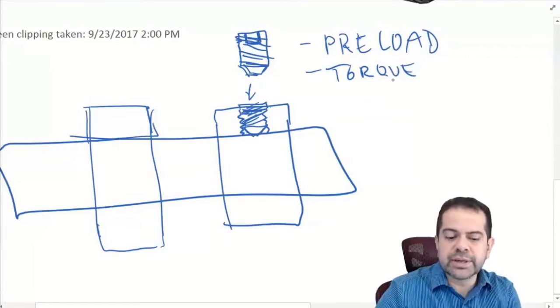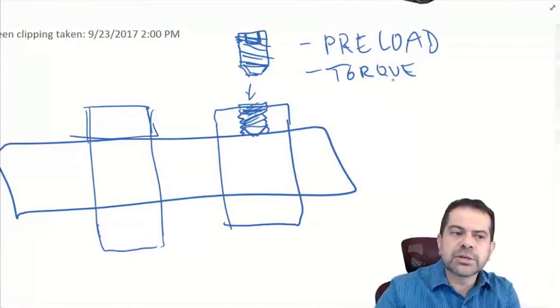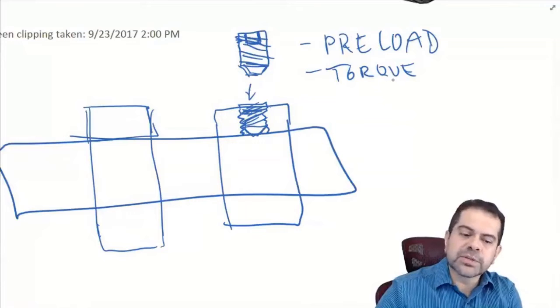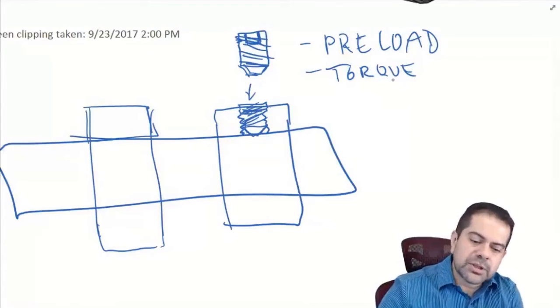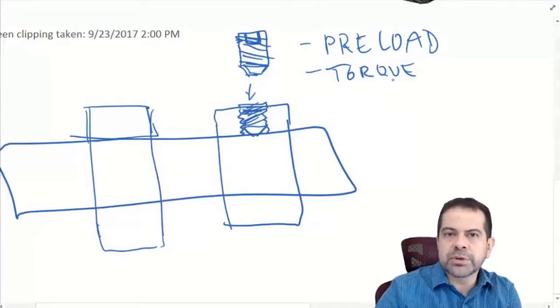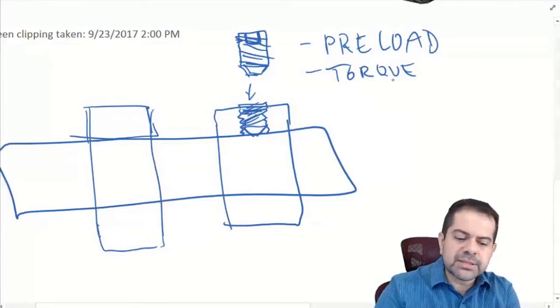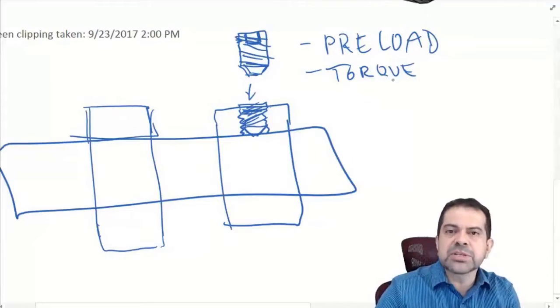That's one thing. And there are charts on the internet, charts in machine design books and things like that, that recommend the amount of torque for a specific screw size, material, and things like that. So you need to have proper torque. But the other thing is, I mentioned this might be a part of a machine, right?